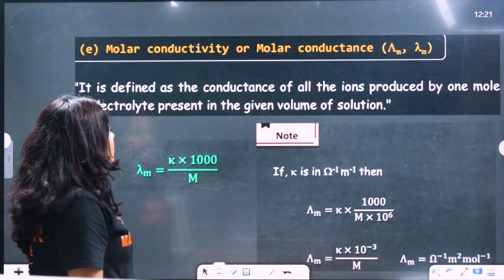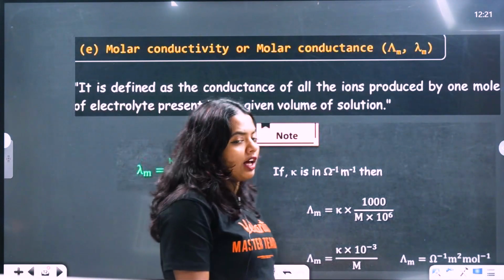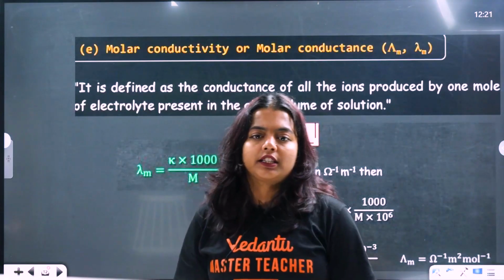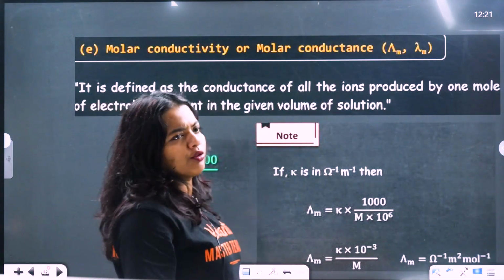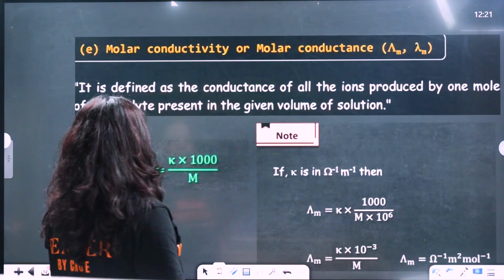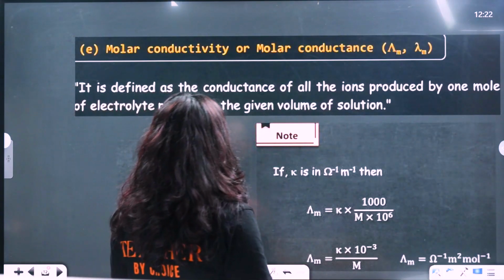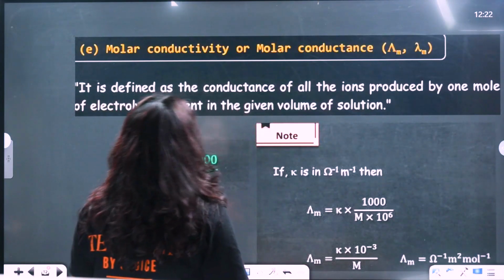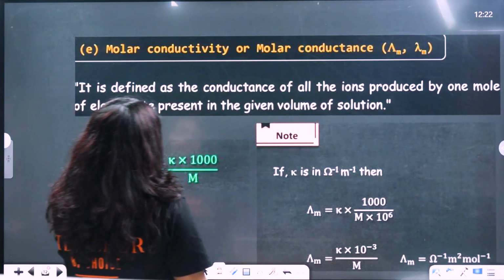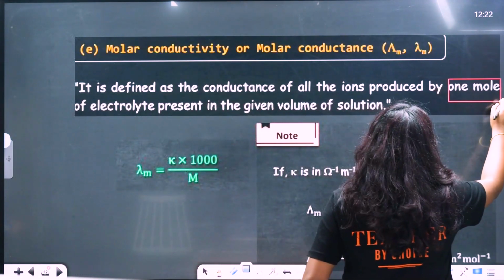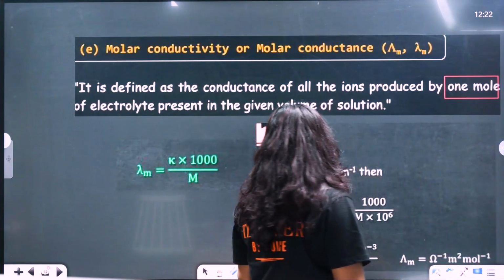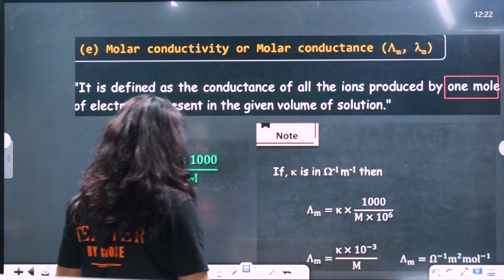Okay. The next one is the molar conductivity or molar conductance, lambda m. It is defined as the conductance of all the ions produced by 1 mole of electrolyte present in the given volume of the solution.